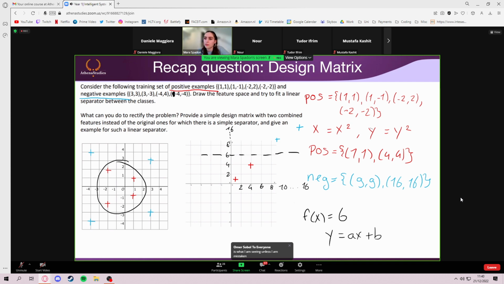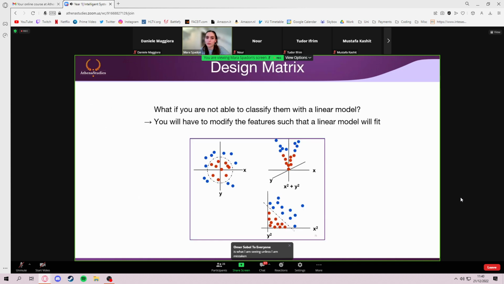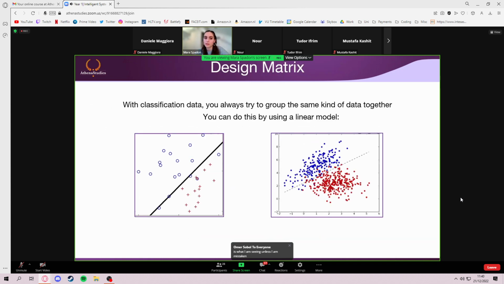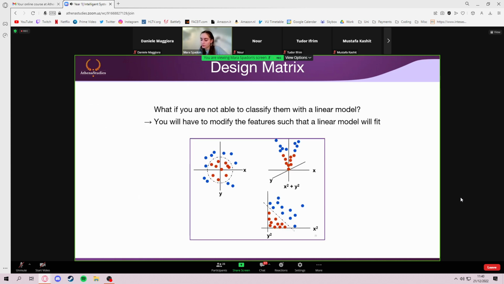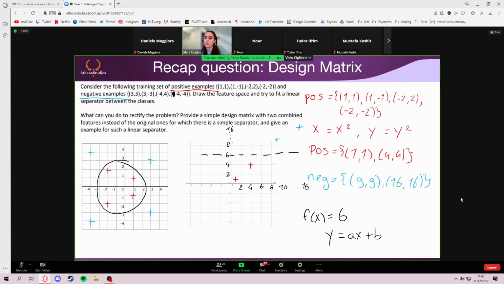I'm not sure why it's called a design matrix, honestly. But this is just what you have to do for this question. So in our case, the design matrix is actually this. You want to find some linear model. You could do it with the matrix. But in our case, we're just doing it manually. So maybe that's why it has a different name here.